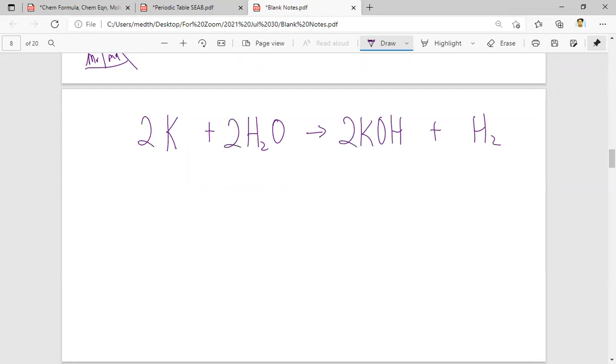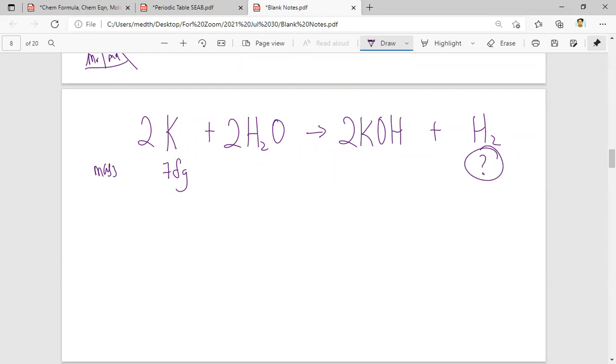Okay. So maybe I'll say what's given to you at the start: the mass of potassium is 78. So you're given 78 grams of potassium. What's the mass of hydrogen produced? So this is the endpoint. What's the mass of hydrogen produced?